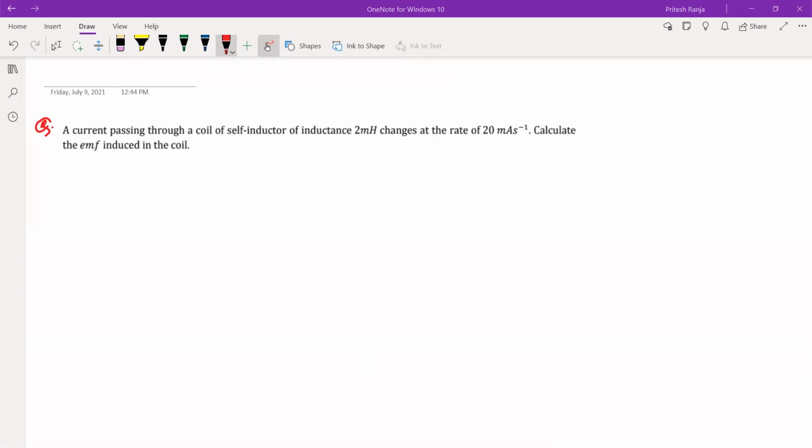We have to calculate the EMF induced in the coil. Okay, one answer I can see. Guys, all will do this.